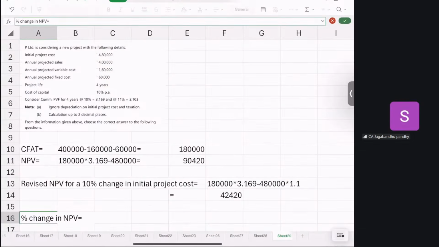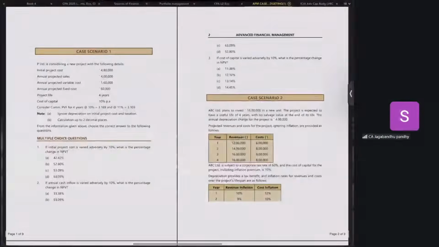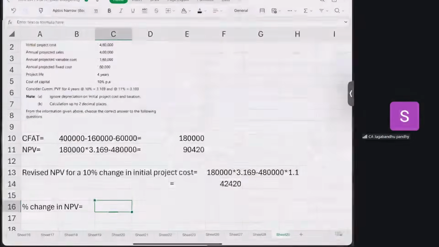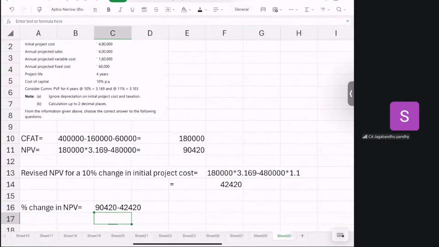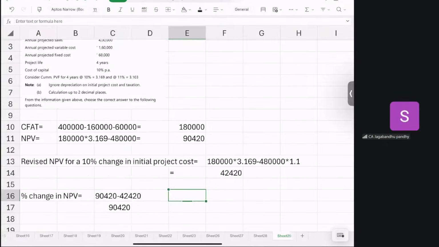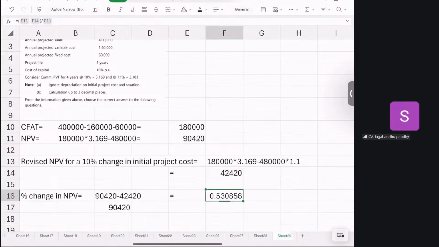Percentage change in NPV will be 90,420 minus 42,420 divided by 90,420, which is 53.09%.